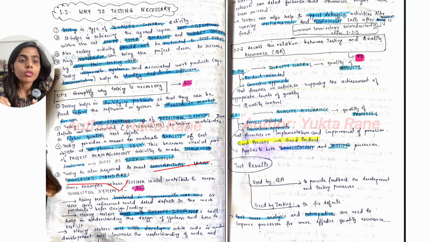Now the third point is, similarly you should involve testers while development of the code with developers, so that they form good rapport with the developers and also they get to know the code better. Now testers should support debugging activities.